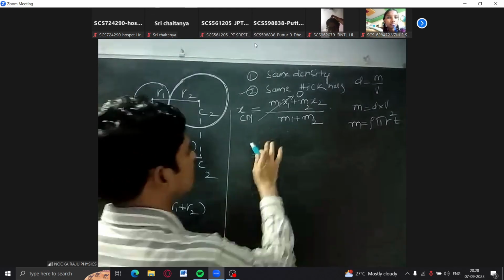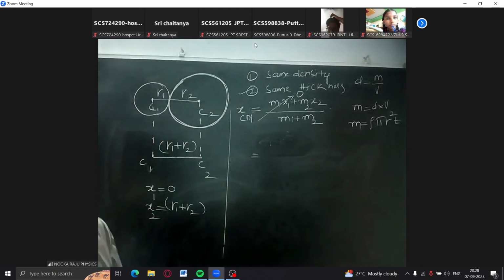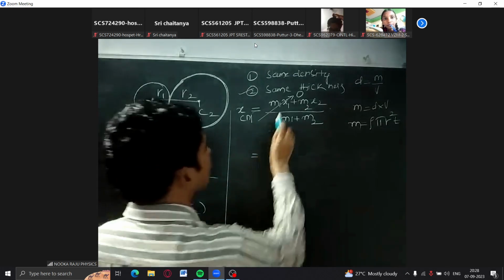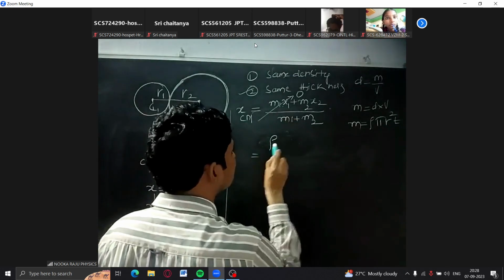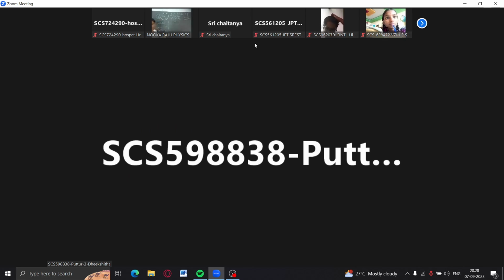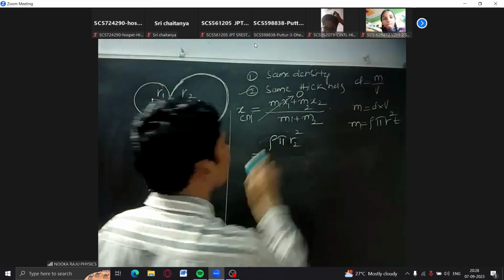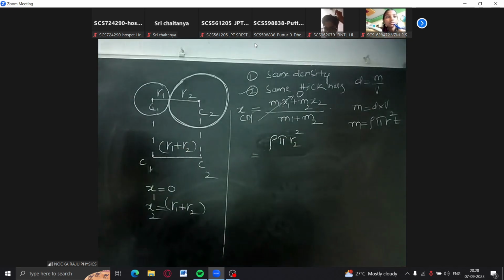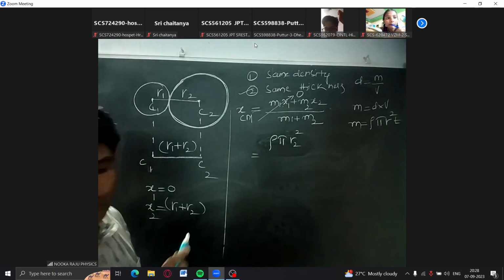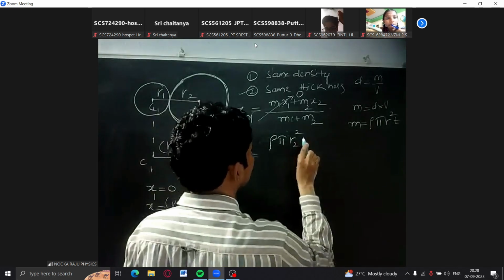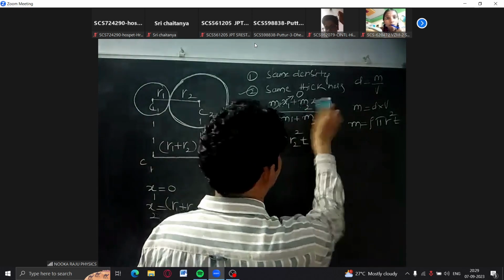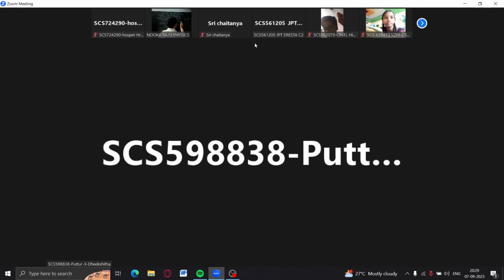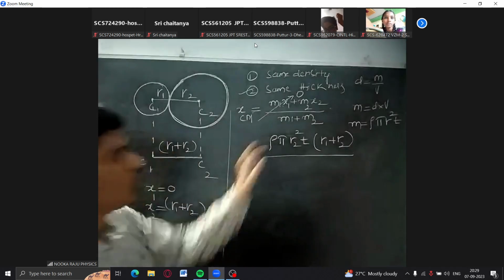Directly we write the remaining part: M2 into the distance. So M2 is rho into pi into R2 square into thickness, into the total distance R1 plus R2.